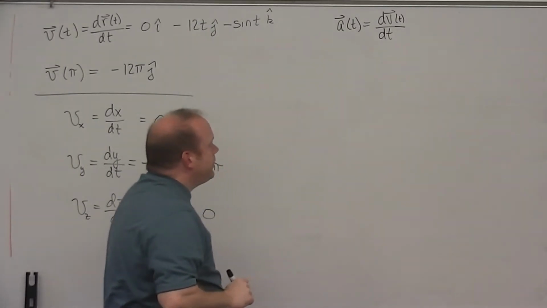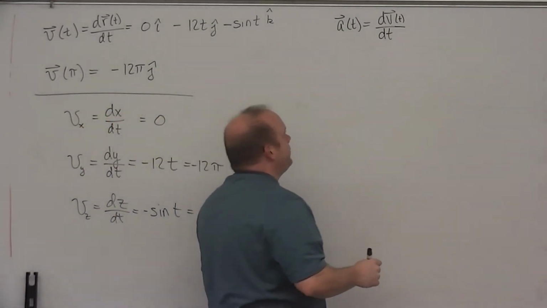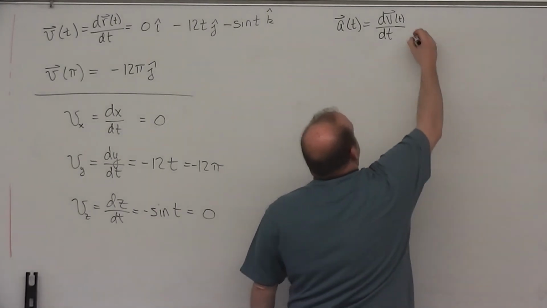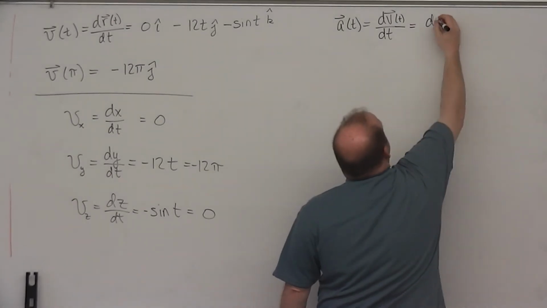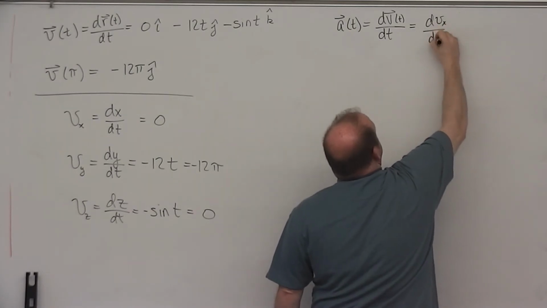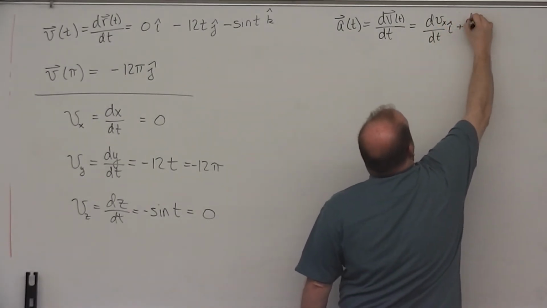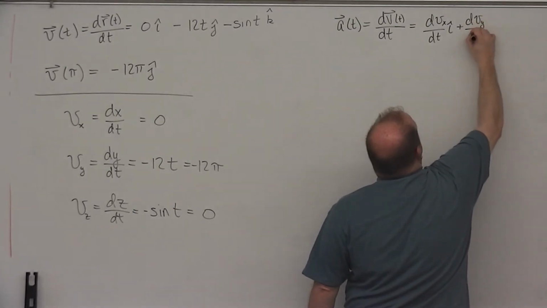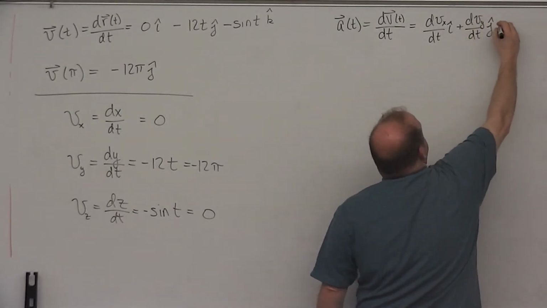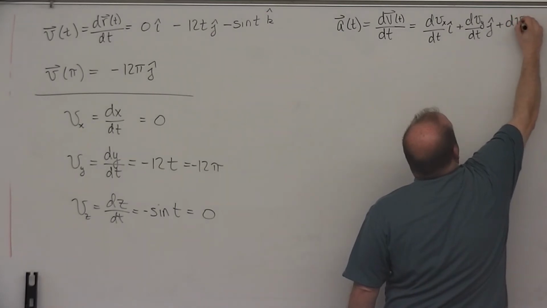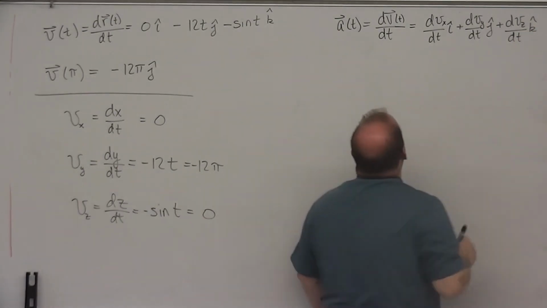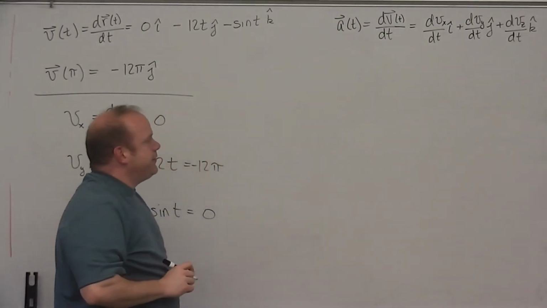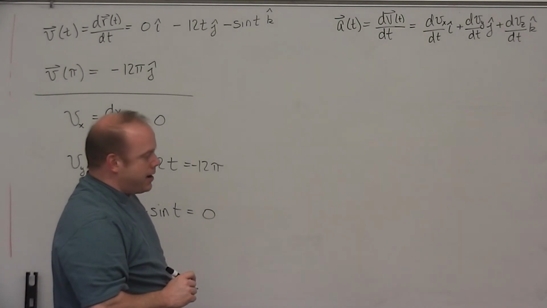We can write that a few different ways, but usually we just take it right from the velocity. So it's going to be dvx dt i hat plus dvy dt j hat plus dvz dt k hat. So that's going to be my acceleration as a function of time.